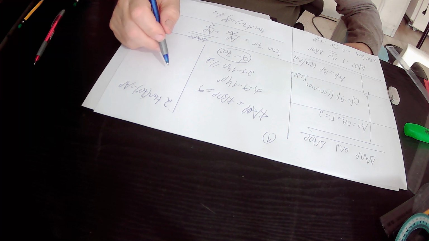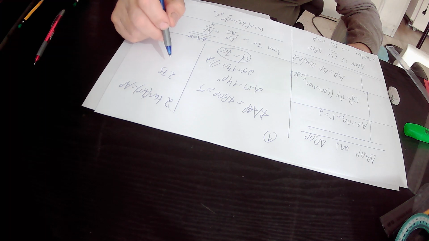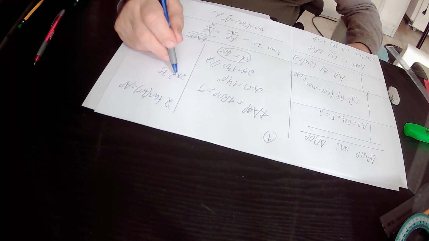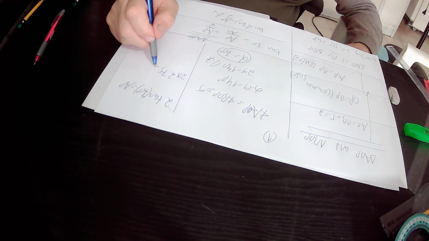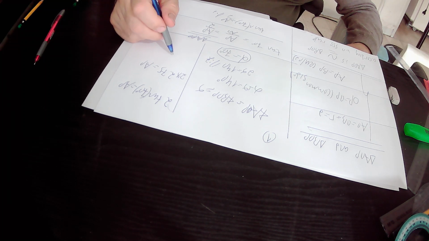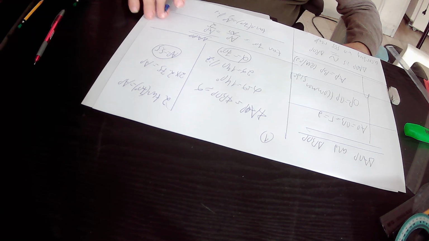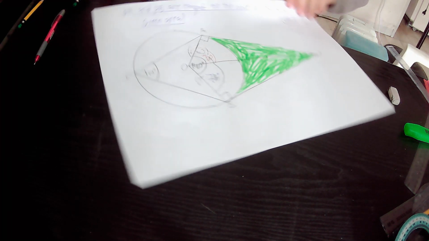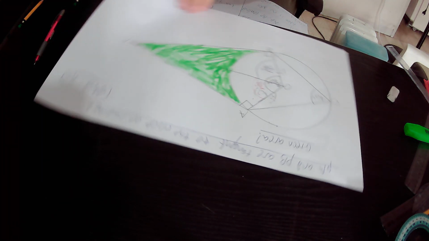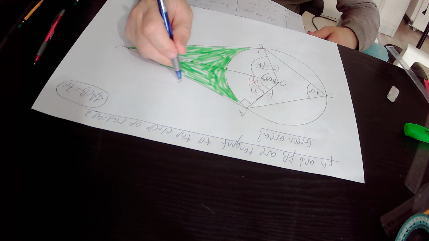Tangent 70 degrees is 2.75. So we found out that 2 times 2.75 equals AP. 2 times 2.75 is 5.5. In conclusion, this is side AP, and it equals 5.5 units in its length.